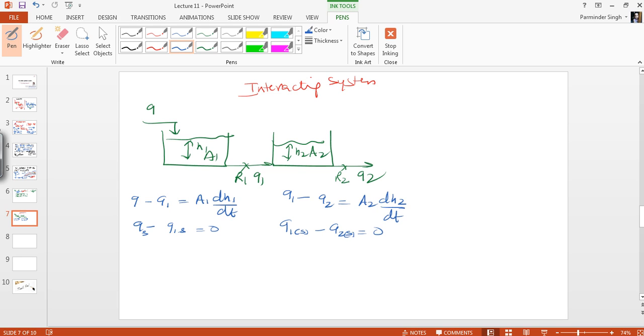Further, Q1, in this case, it is nothing but the difference of H1 minus H2 by R1, and over here Q2 is nothing but it's simply H2 by R2. Clear?